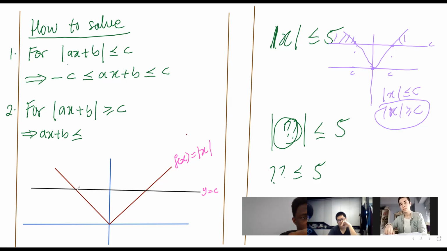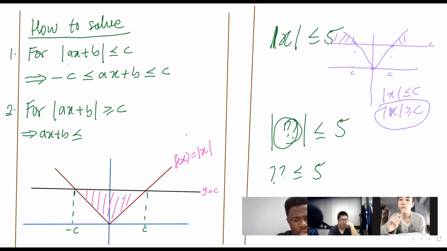Okay. So this is our C, this is our negative C. For the first one, we're talking about the region in here. When it is less than, on the graph, it's actually on the line.